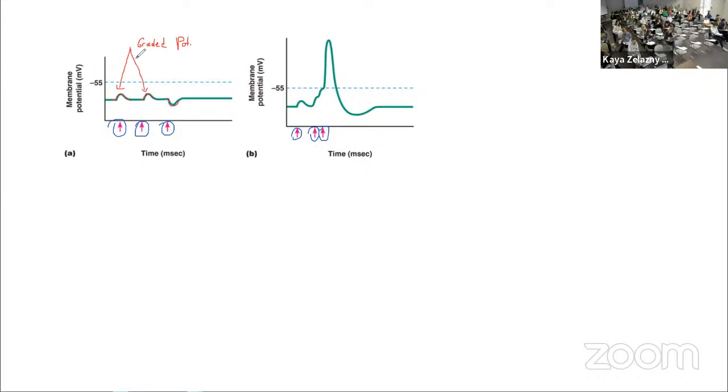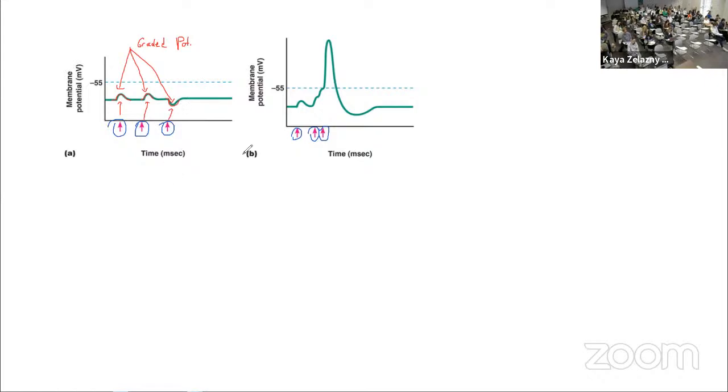So anytime we see one of these small changes, that's a graded potential. You can notice that each of those graded potentials in this diagram is happening in response to a stimulus. So we've had some kind of signal come into our cell, and it's caused that graded potential each time. We had a signal come in, and then something happened in response in our membrane potential.